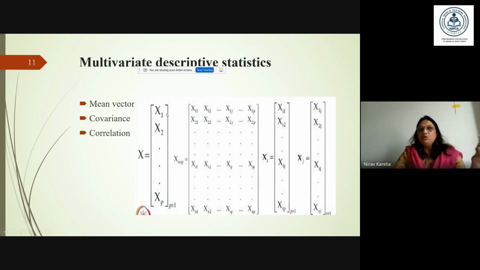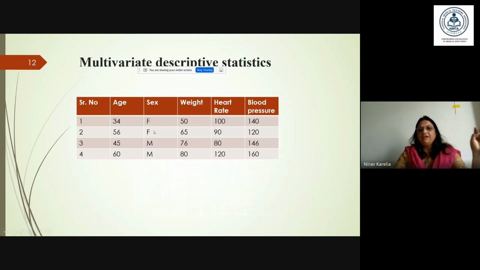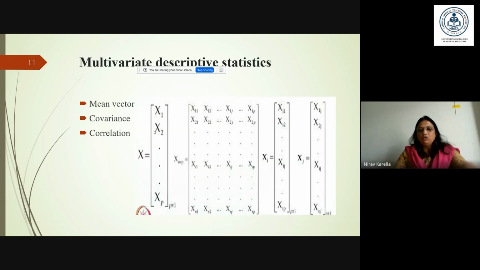For patient number 1, I have collected 5 variables: age, sex, weight, heart rate, and blood pressure. Then the second patient or observation has its own age, sex, weight, heart rate, and blood pressure. Then the third, up to N, whatever N may be, 10, 20 or whatsoever. So N means the number of observations.